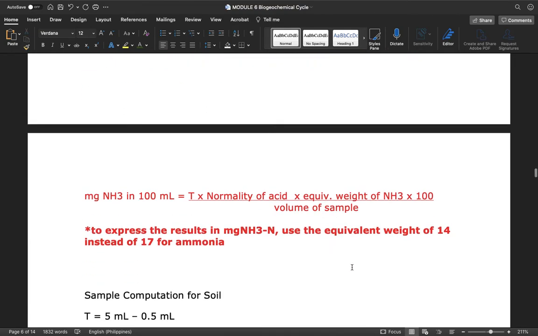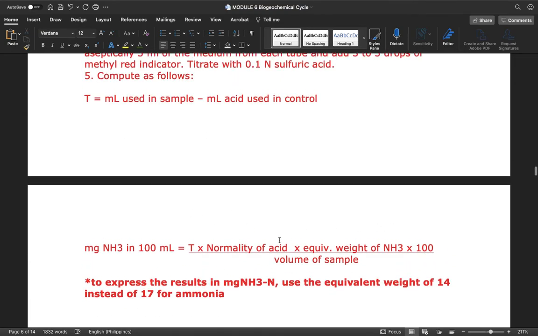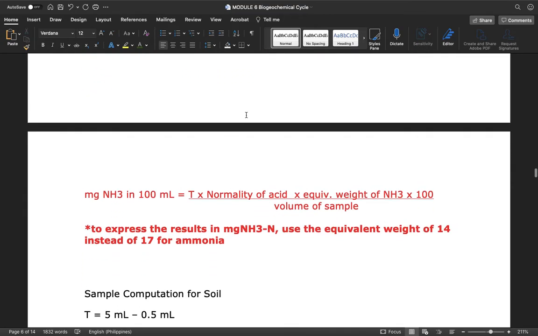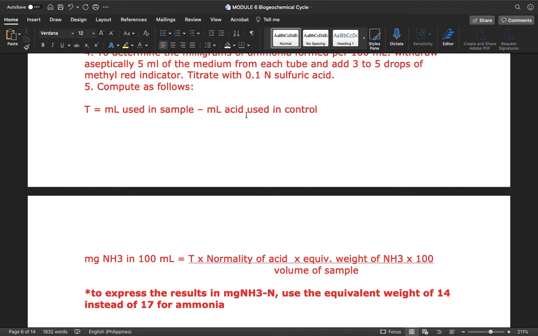Before we look at the formula, some quantities we have to define first. The value of T is the difference between the ml of acid that you use in the sample, that's 5, and the ml of acid that was used in your control.